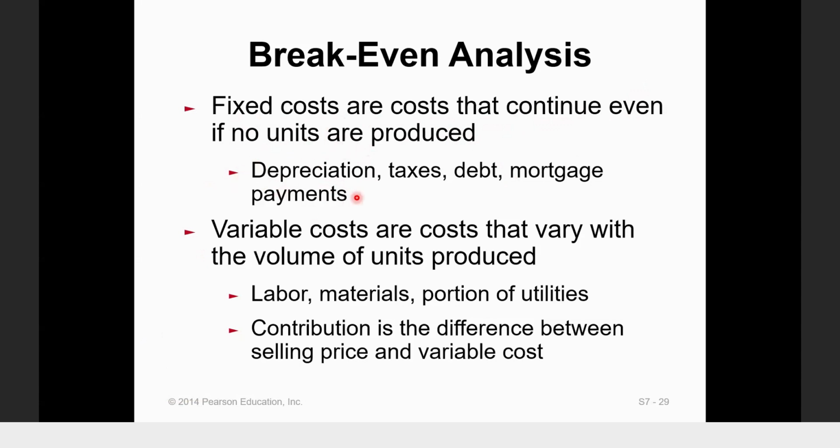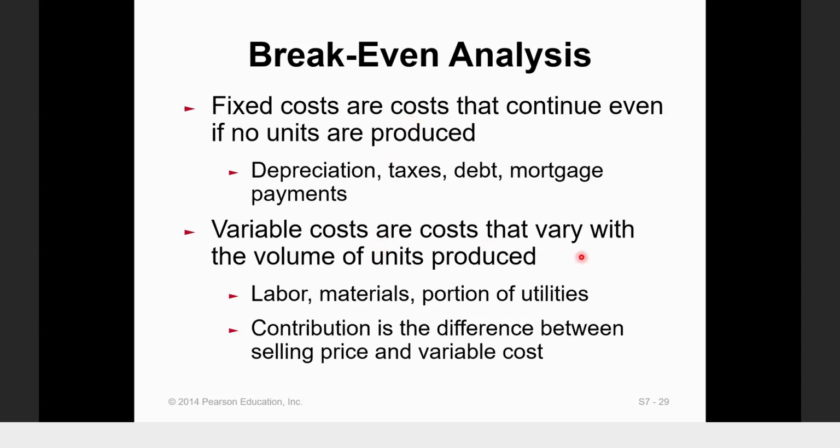Renting cost, for example, you still have to pay the rental cost. We call it depreciation cost. It doesn't depend on quantity produced. Or tax on the debt, mortgage payment. So basically, this is cost like building, buying a machine, renting a machine. This is a cost that does not depend on quantity.